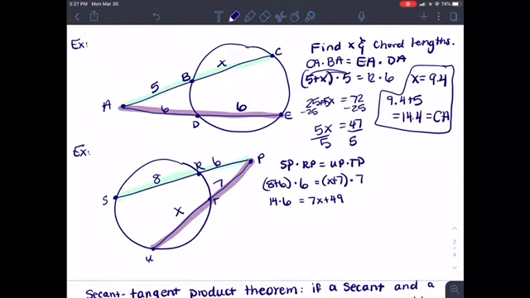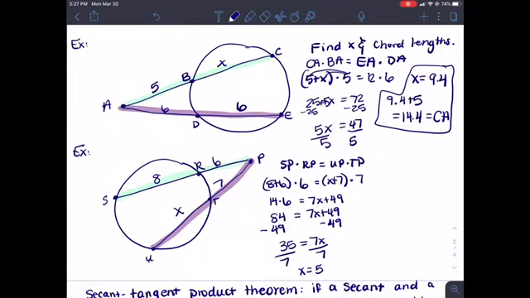When you multiply 14 times 6, that gives you 84. We're going to subtract 49 from both sides to give us a value of 35 equals 7x. Divide by 7, and x is equal to 5.